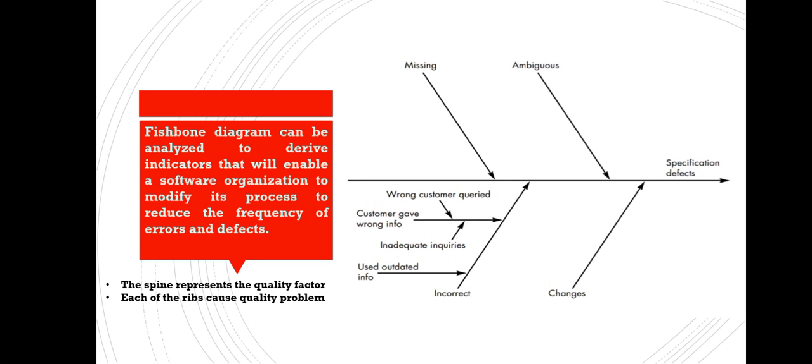If you observe in the diagram, there are horizontal as well as diagonal lines. The horizontal lines represent the spine.